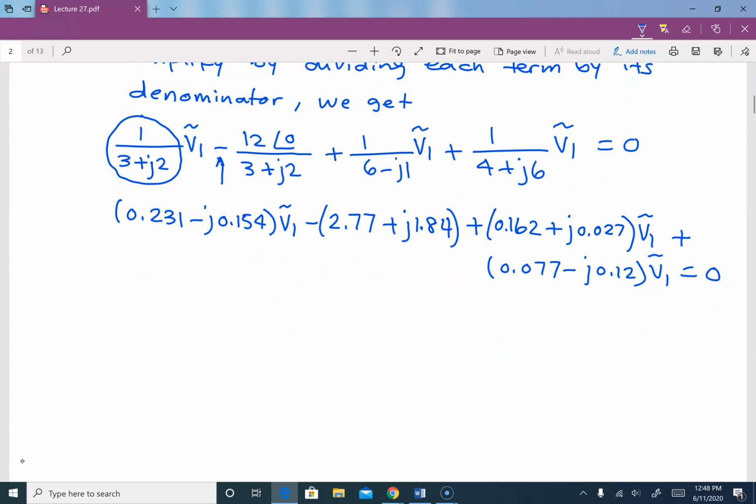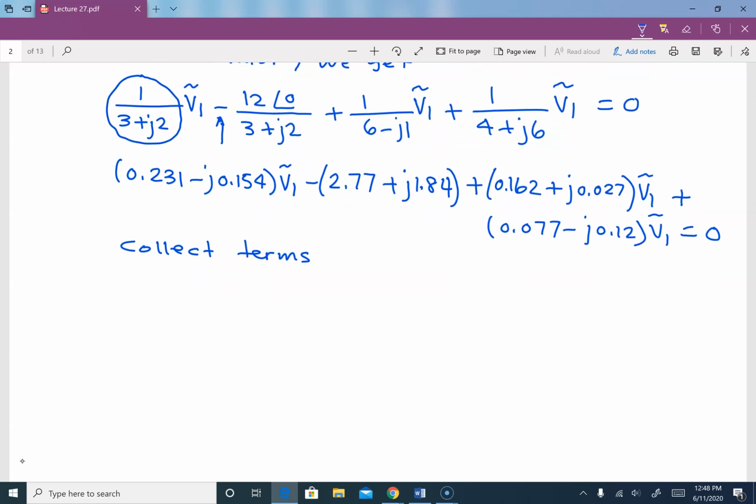So now what we will do is collect terms. V1 is multiplied by a complex number here, and by other complex numbers in the other terms. When we collect terms, we add the real parts together and the imaginary parts together.